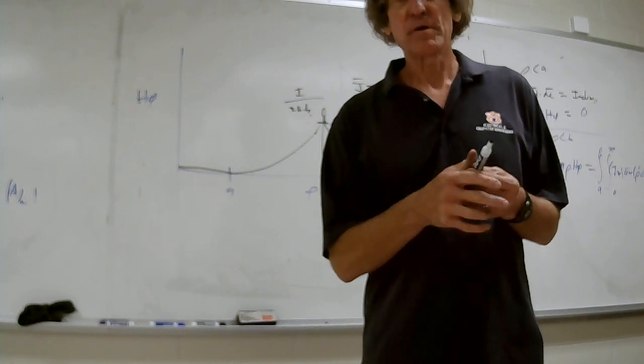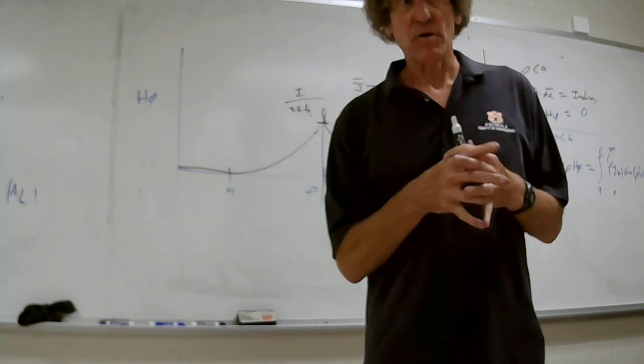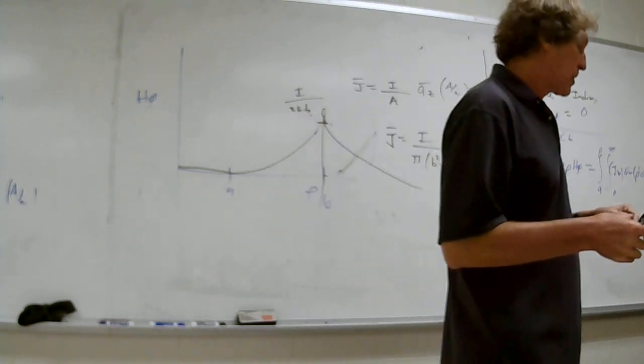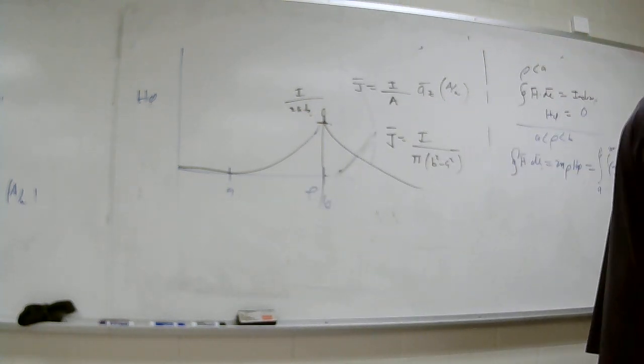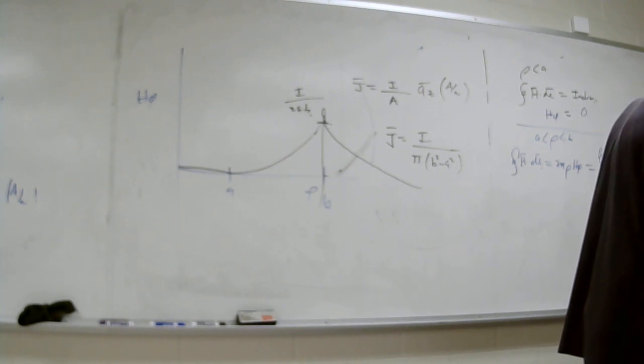Do you have another one for me? All of them are going to be the same type of problem. I would like to move on to the next section in the book, which is about getting J from the H field.